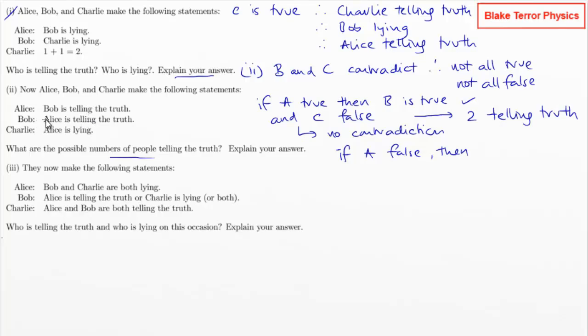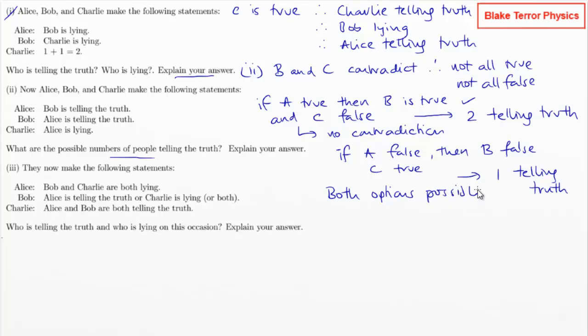And if Bob is a liar by saying that Alice tells the truth, then that also fits. Then Charlie is saying that Alice is lying, so C is true. That means we've got one telling the truth. So we can't actually tell the difference between those. Both of those are consistent. Both options are possible.